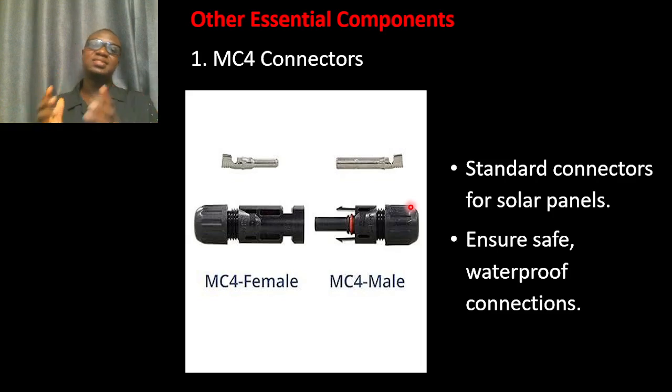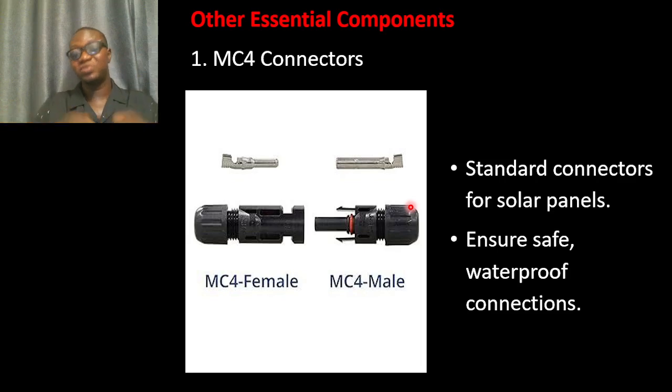There are other essential components that are needed in a solar system. Number one is the MC4 connectors. You see those connectors at the tip of each panel? They are called the MC4 connectors. They are very important because they are standard connectors for solar panels. They ensure a safe, waterproof connection.